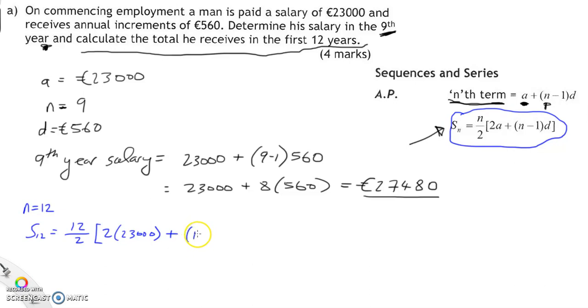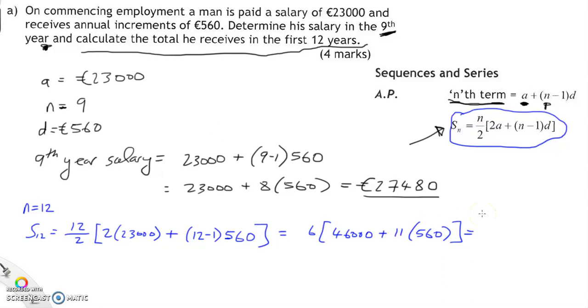Be careful now, n is 12, minus 1, that's going to come to 11, times the difference, the common difference I suppose they call it, 560. So 12 divided by 2 is 6, 23,000 multiplied by 2 is 46,000, plus 12 minus 1 is 11. Do what's in the brackets first, 11 times 560.